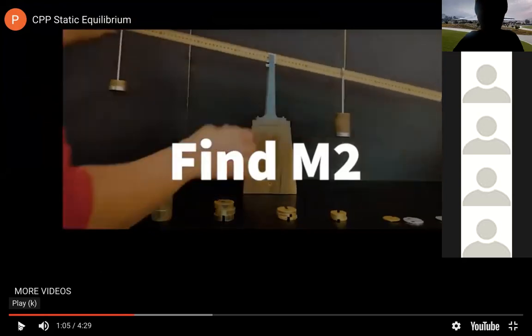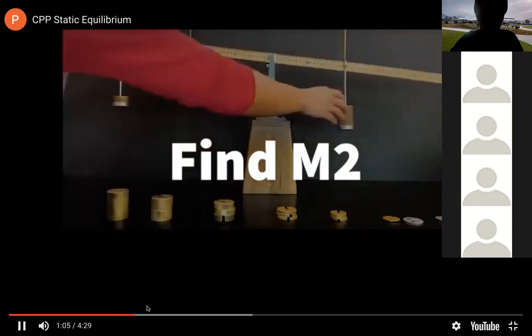They want to see how much mass you will need in order for it to balance at the 70 centimeter mark, right? M2 actually will have a range. You can see that you have a minimum mass you can add or a maximum amount of mass you can add. Within the range, you will still consider this to be balanced. So we just need to read the minimum and maximum value to find the best value to get M2.